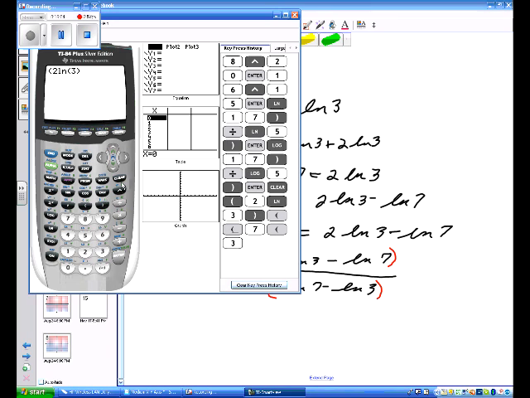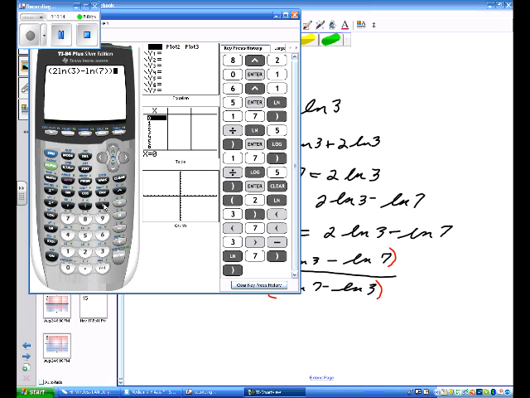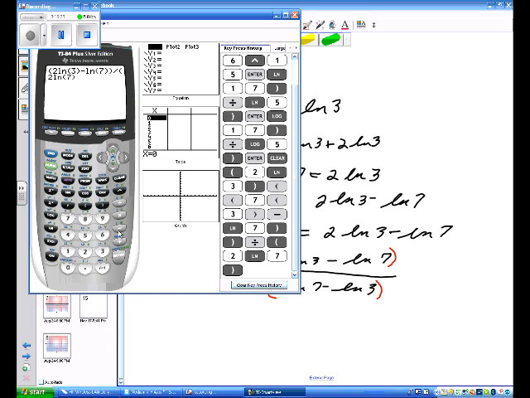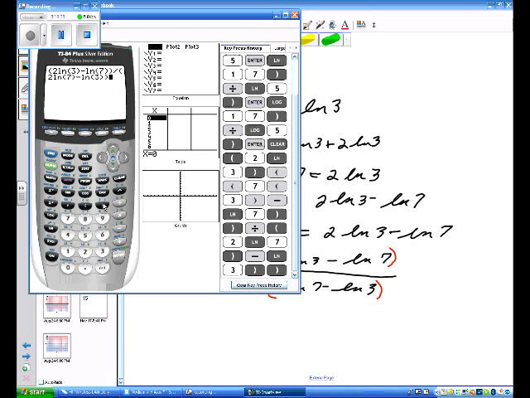Okay, so 2 log 3 minus log 7. Close for the log, then close for the numerator, divided by, open parentheses, 2 log 7, close your log, minus log 3. Okay, close the log, close the denominator, and then enter.